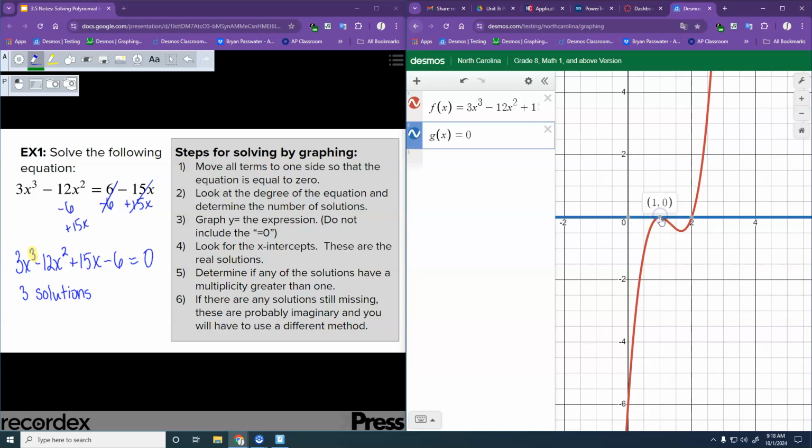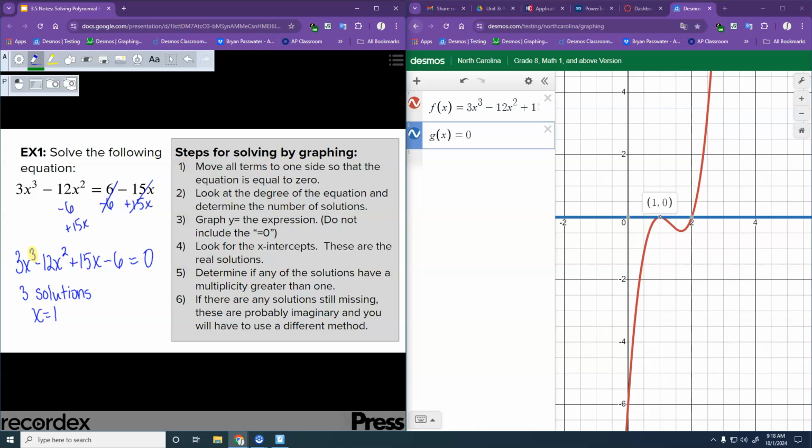Okay, so I see 2 places where I cross the x-axis, or touch the x-axis right here. I've got 1 and 2. So x equals 1 is one of my solutions. But what is special about x equals 1? It's a bounce, right?